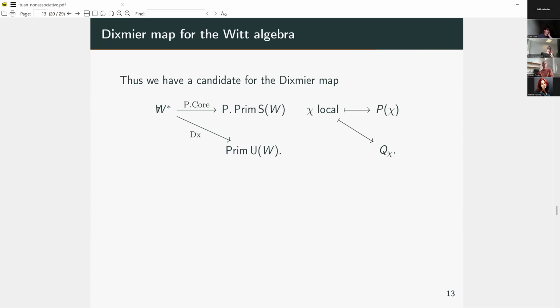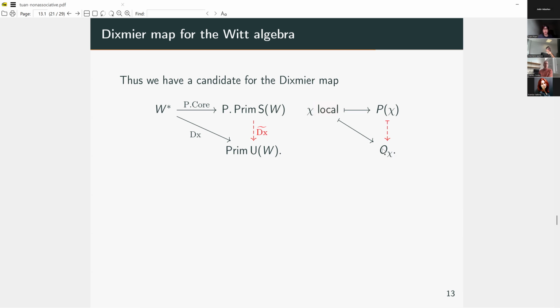Remember, as before, we have the natural map from W star to the Poisson primitive spectrum, where I send a local function chi to P chi, and the map from W star to the primitive spectrum of U of W, where I send chi to Q chi.